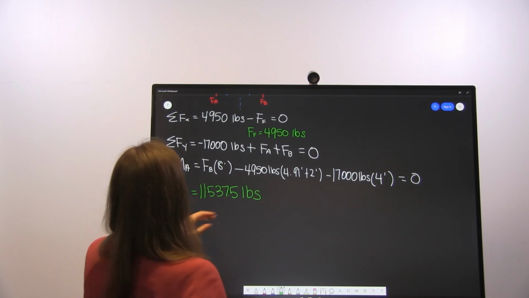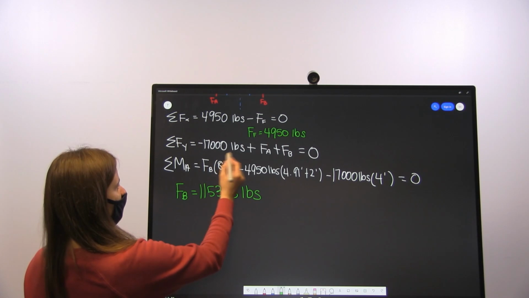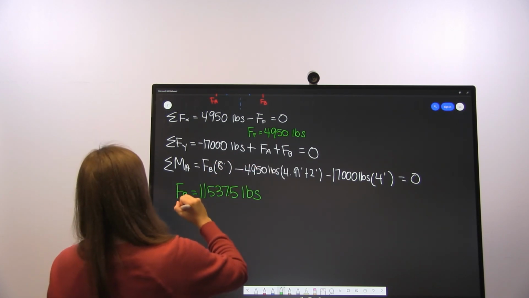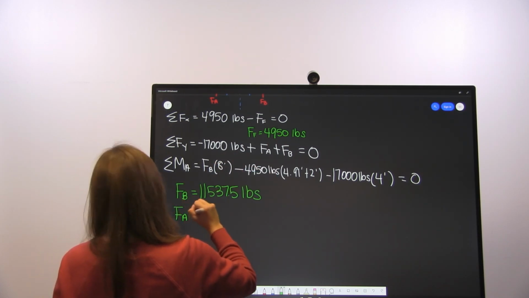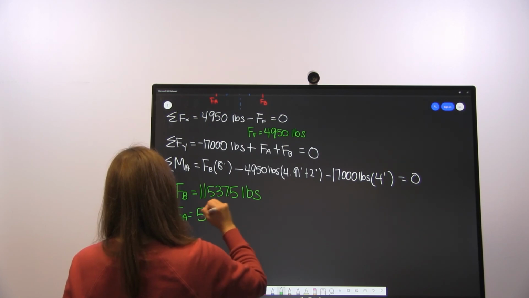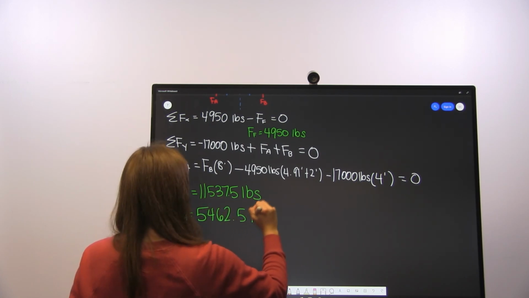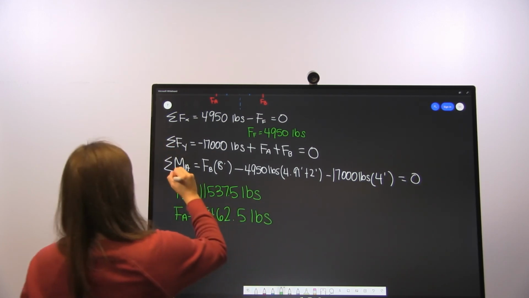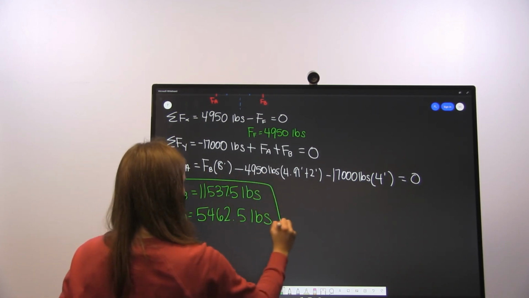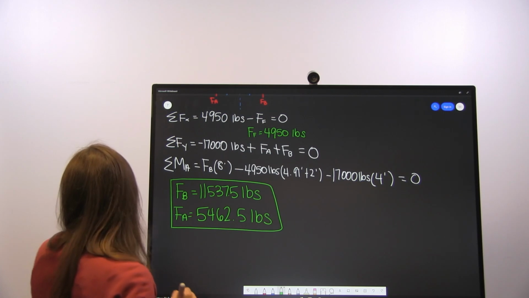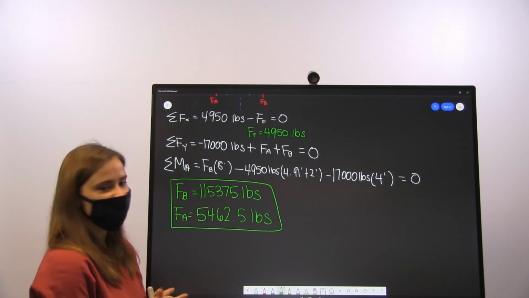And then we take what we got for force B and plug it back into this equation, and we get force A is equal to 5,462.5 pounds. And those are our forces at the tires for our truck.